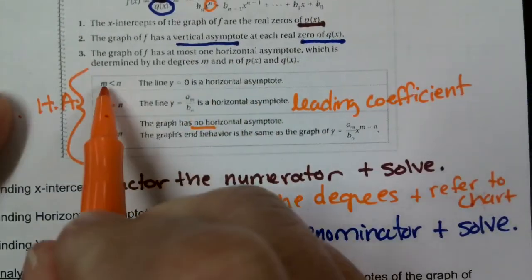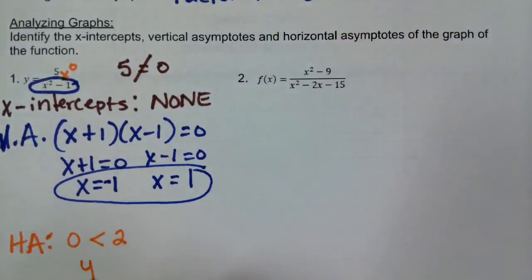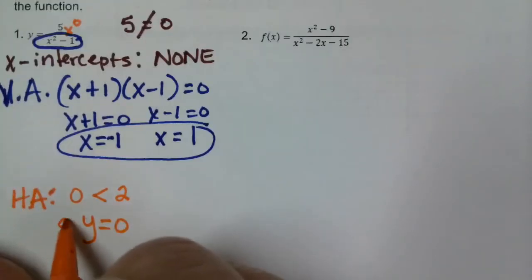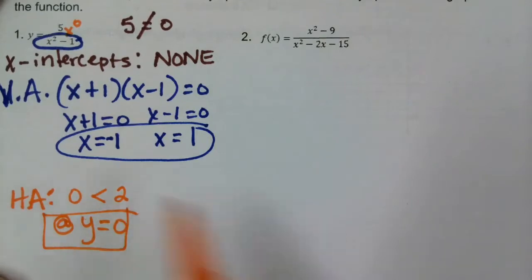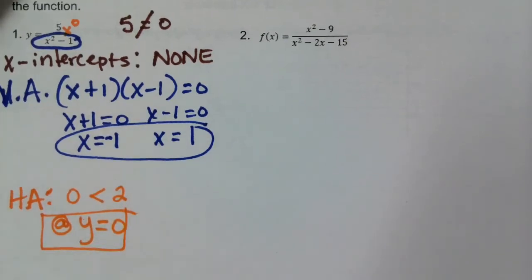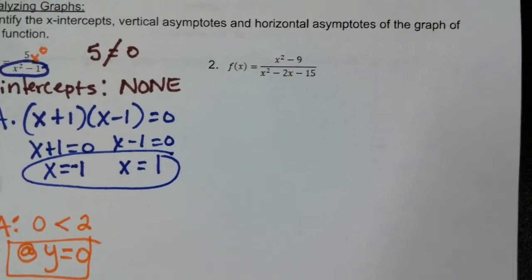So when we come up here, it tells us that y equals 0 is our horizontal asymptote. That is an invisible line that goes horizontally through y equals 0. And that is all of our parts.